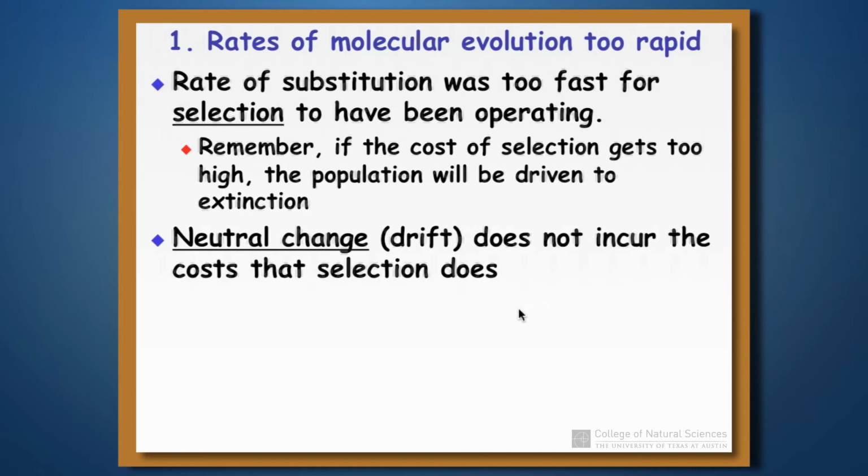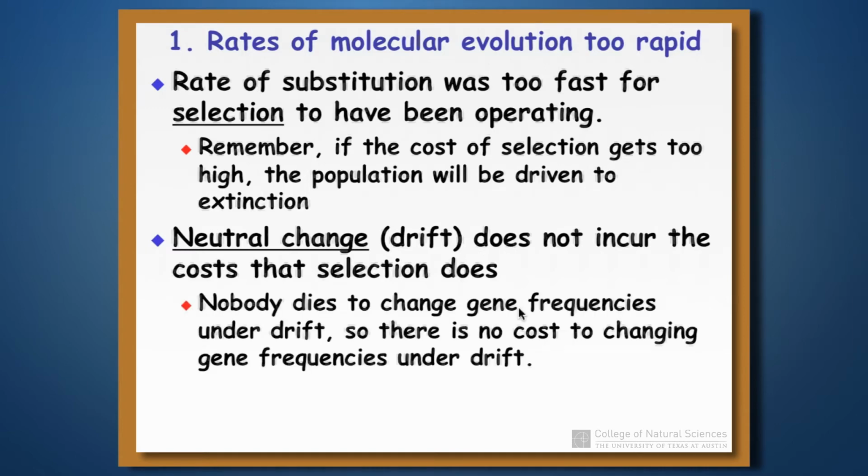Now, on the other hand, if the variation was not subject to selection and was just all there due to drift, then there's no cost to that. There's no death taking place. You're just getting random changes in frequencies of alleles like you learned about in the first half of the course. So since nobody dies to change the gene frequencies under drift, there's no cost. And so there's no problem with having this rate of substitution occurring in those populations.